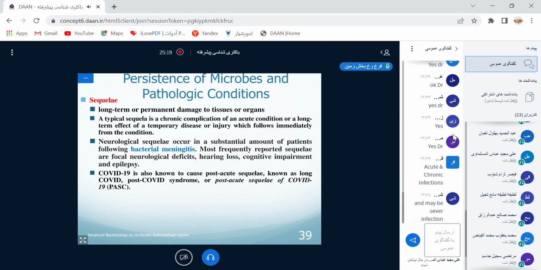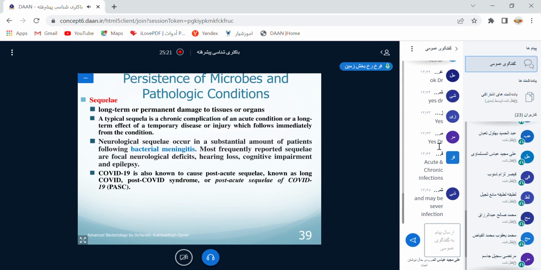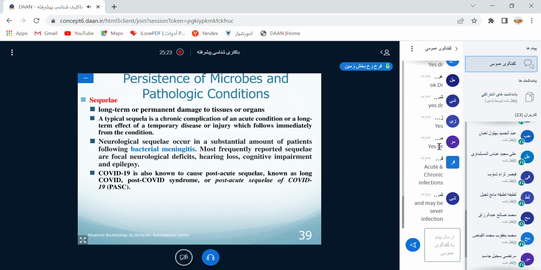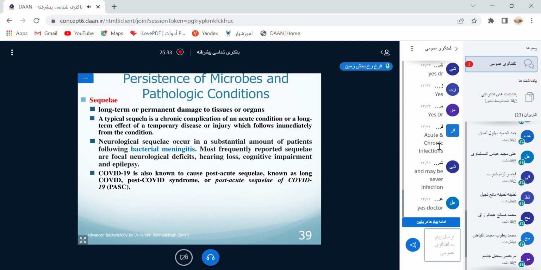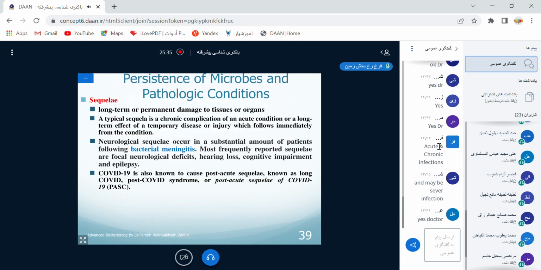Number two, sometimes the pathogen is very powerful and kills the patient. It is the opposite situation than before. So number one, the immune system kills the pathogen. Number two, the pathogen kills the patient.